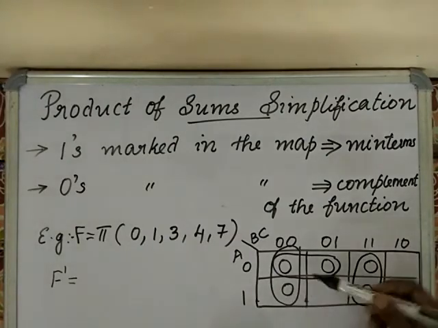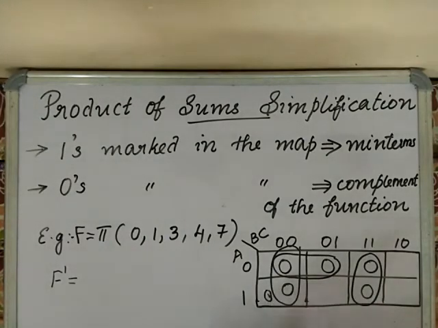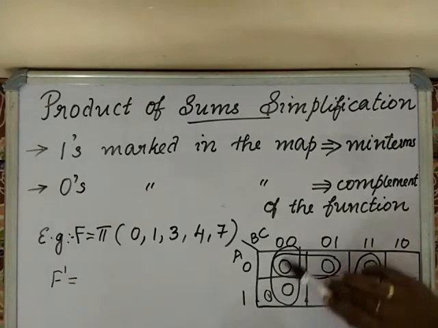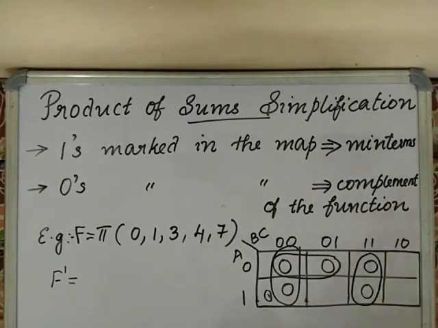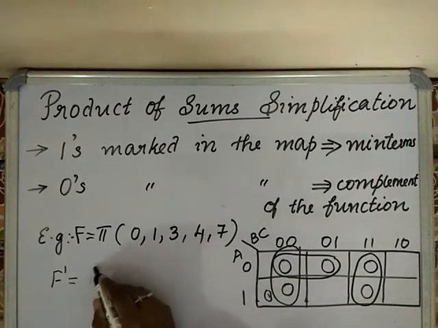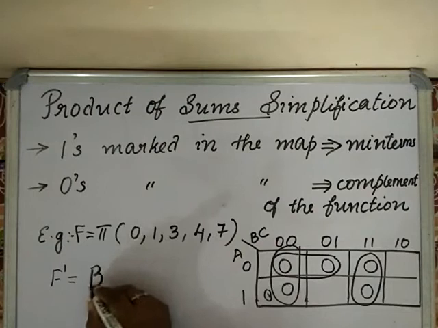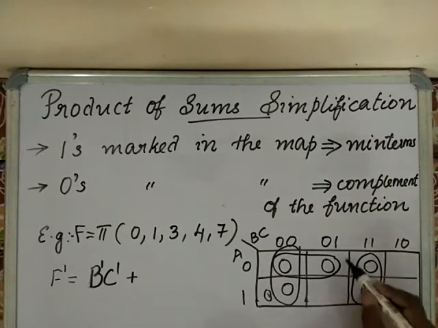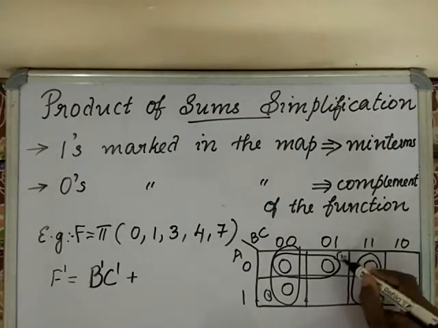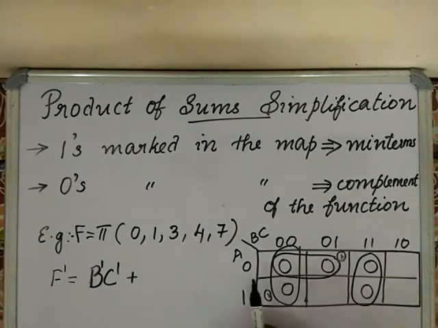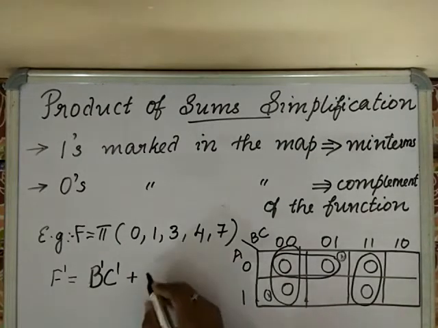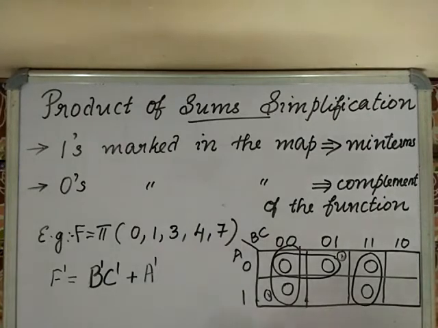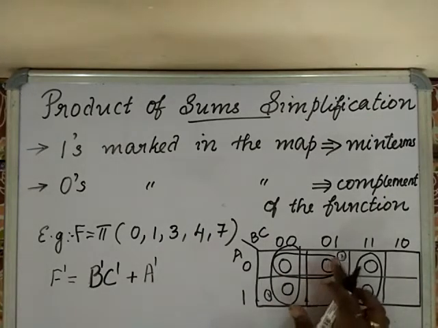And how can we write this? If this is the first group, since it covers the entire rows, the row variable is not included, and the column is 0, 0. That is B bar C bar, plus the second group. The second group comes in the row 0, so A bar, and the columns are 0, 0 and 0, 1.